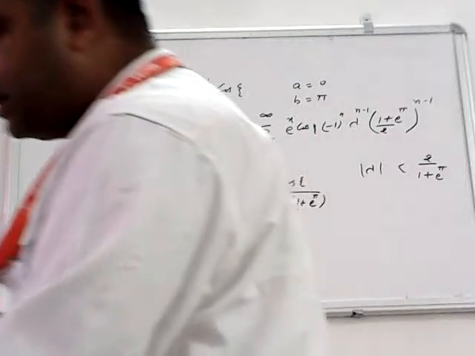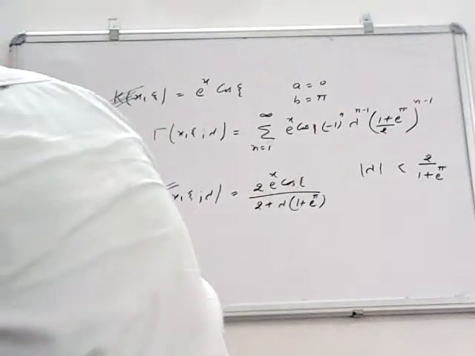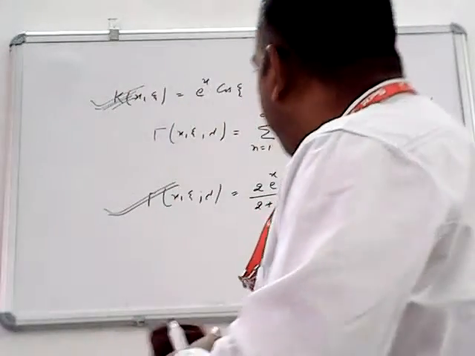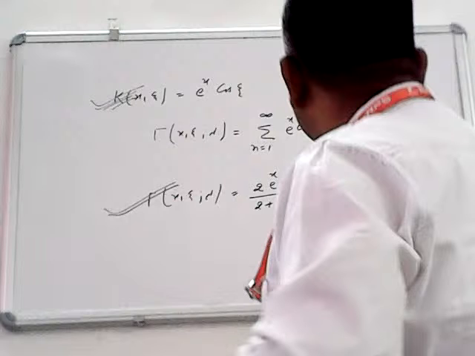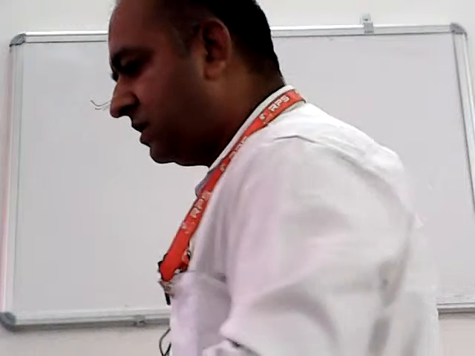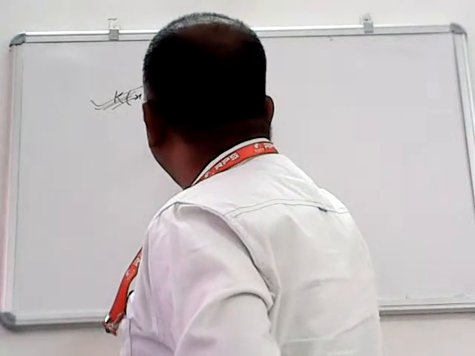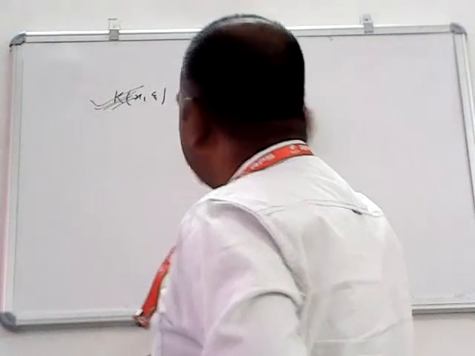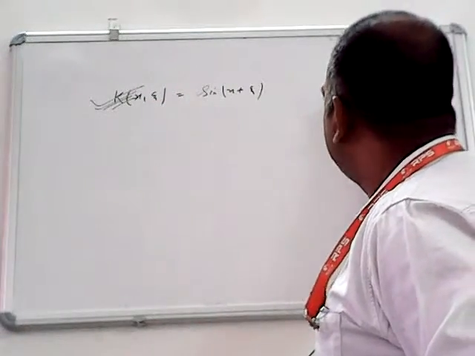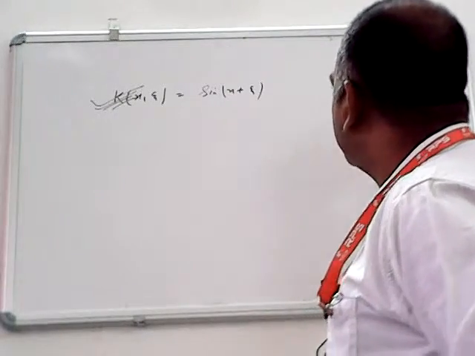The second case I have given to you was K(x, ξ) = sin(x + ξ). In this case also a is equal to 0 and b is equal to π.